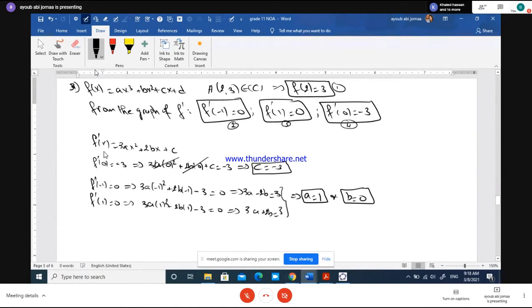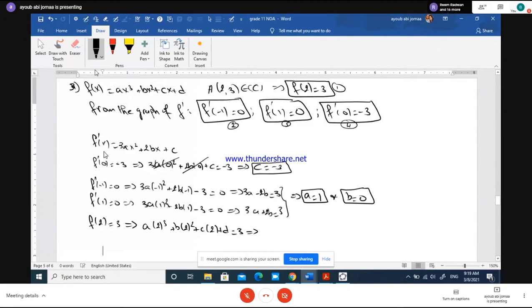We still have the first piece of information: f of 2 is equal to 3. It means replace x by 2 here. a times 2 power 3 plus b times 2 squared plus c times 2 plus d is equal to 3.